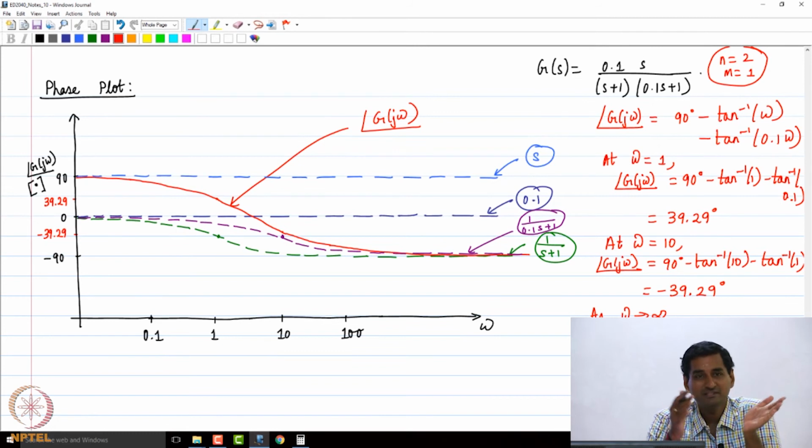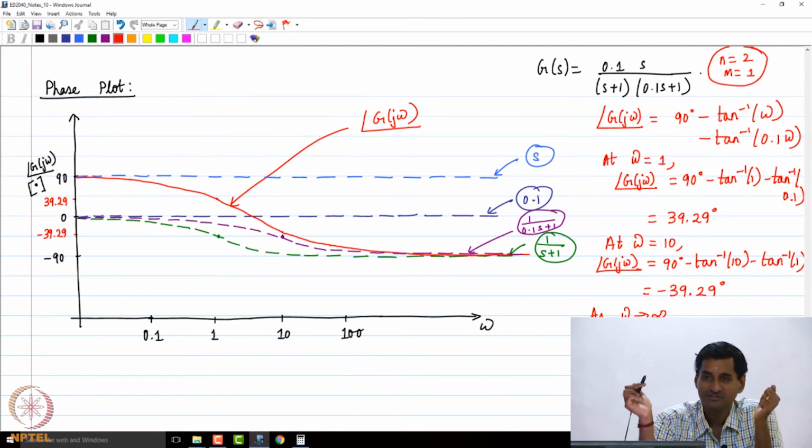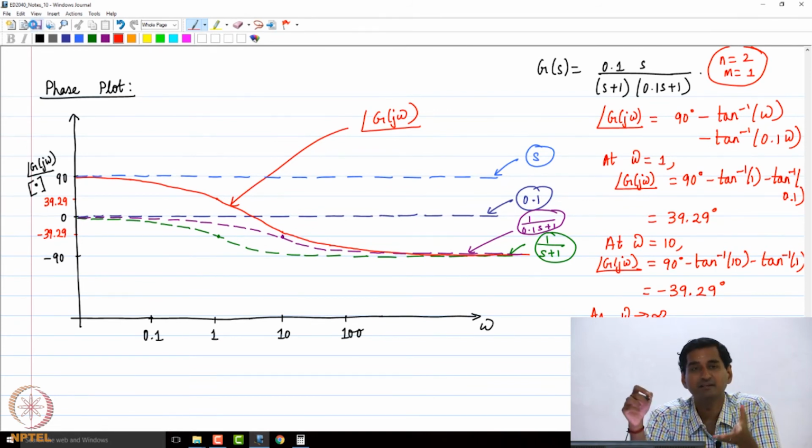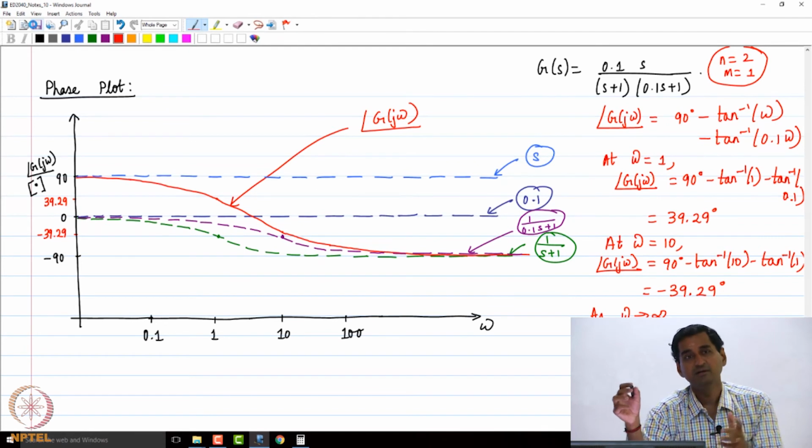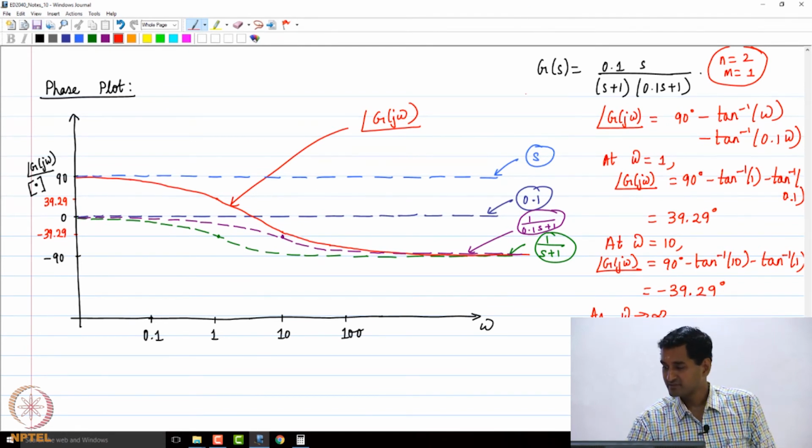You can also measure the phase shift, then you get the phase plot, and you plot the magnitude plot, and you get the Bode plot. Then you do the inverse problem, that is, given the Bode plot, how do you get the transfer function. That is something you can figure out. So that is an important practical application of what we are learning as far as the Bode diagram is concerned.